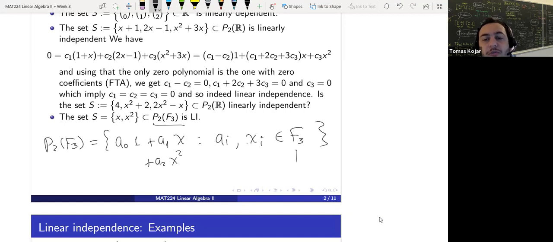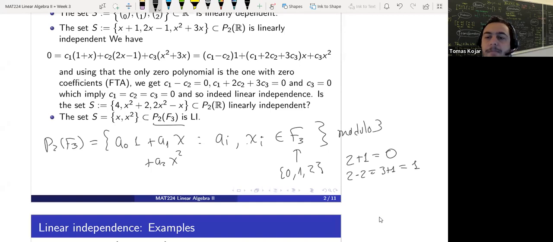This is the modulo group, 0, 1, 2, where we have modulo operations like 2 plus 1 is 0, 2 times 2 is 3 plus 1, so it's 1, so modulo 3. And we can have a polynomial space over that field.